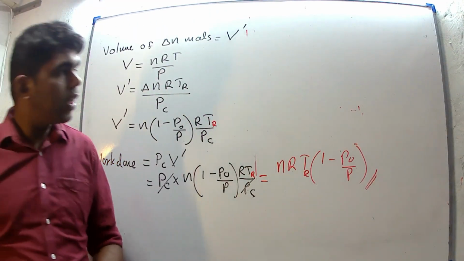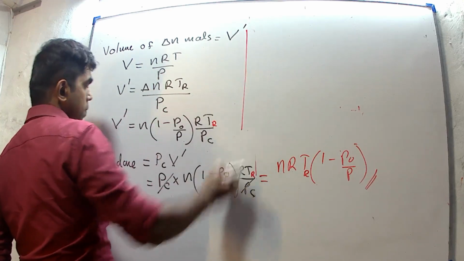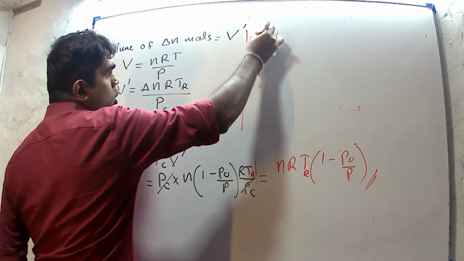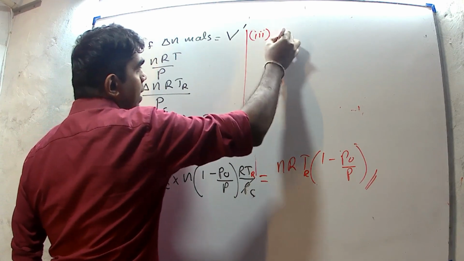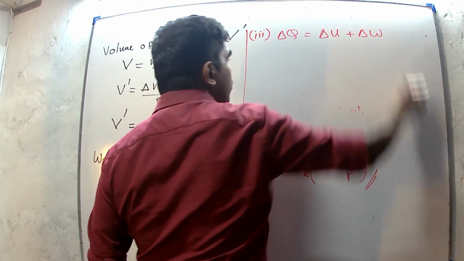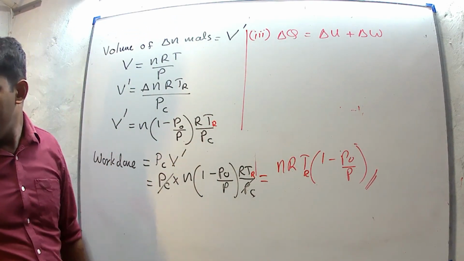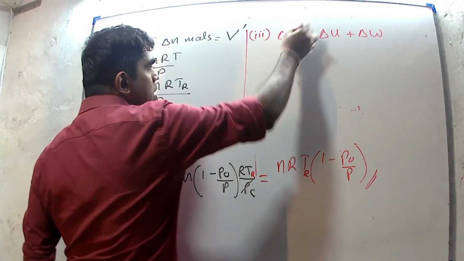Then we can use the first law of thermodynamics. According to the first law of thermodynamics, we know that delta Q equals delta U plus delta W. Now it is an adiabatic process. Therefore, delta Q should be 0.